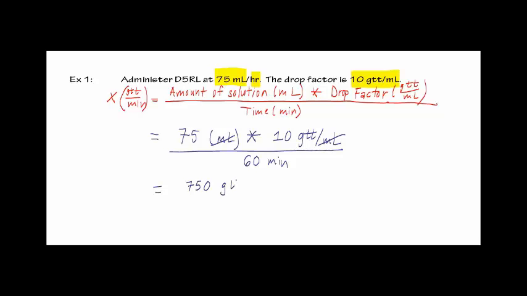Using division, we get 12.5, but in the lecture that we had previously, we talked about the fact that whenever we have the final answer, it needs to be rounded to the nearest whole number. So our final answer is X equals 13 drops per minute.